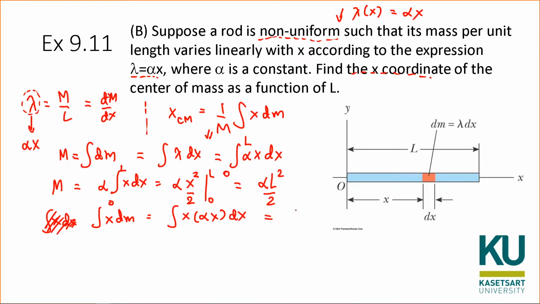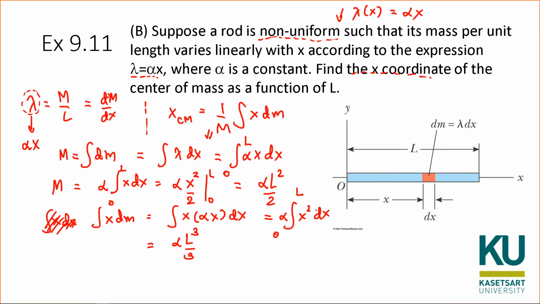So for this term, you have alpha outside, since alpha is constant, and x squared dx, and you integrate from 0 to L as well. So now you have this term after the integration as alpha L cubed over 3.